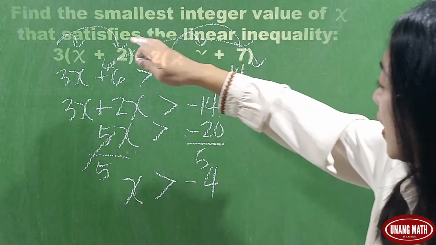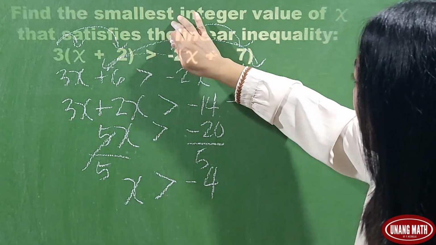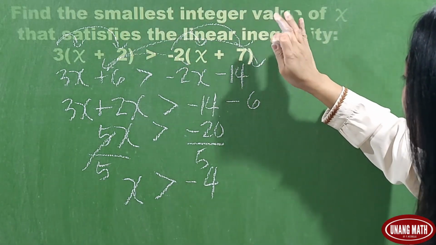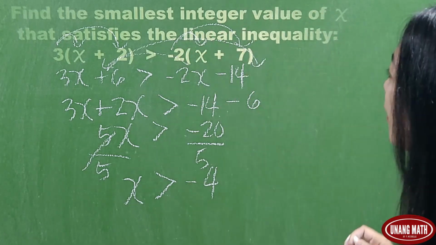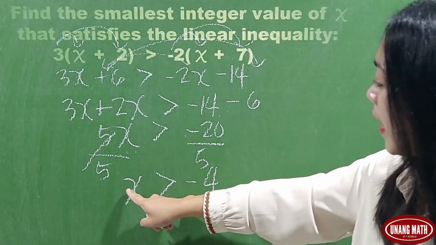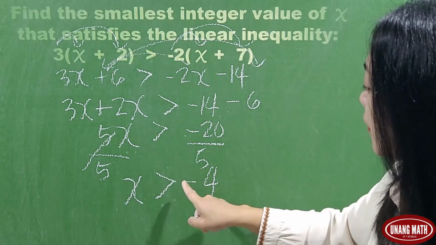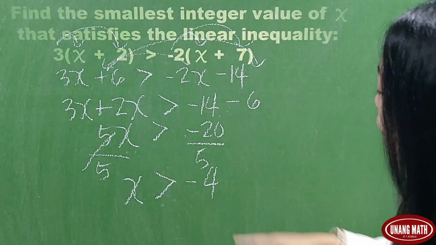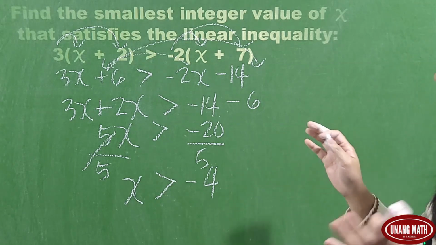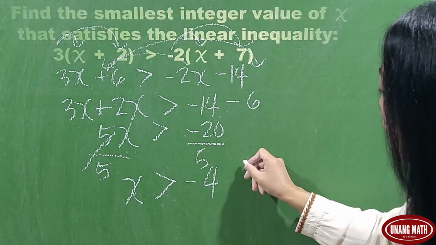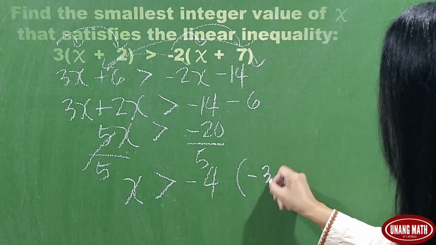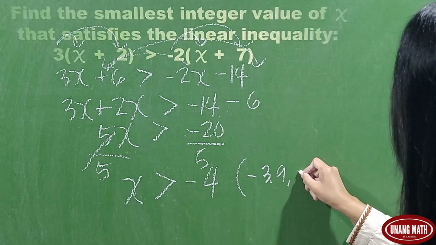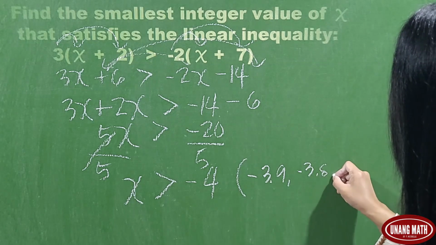Okay, and the question is, find the smallest integer value of x that satisfies this linear inequality. So x must be greater than negative 4. So the numbers greater than negative 4 can be negative 3.9, negative 3.8, and so on.